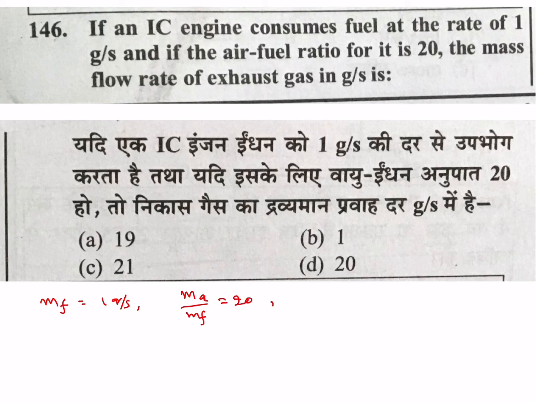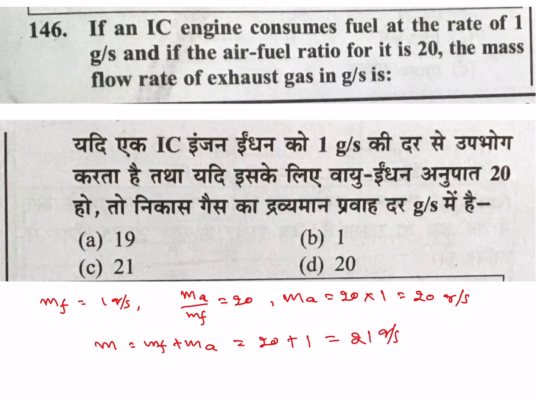So from here MA equal to 20 into mass of fuel 1, 20 gram per second. The mass flow rate of exhaust gas is how much? Total mass is MF plus MA. How much will you get? 20 plus 1, 21 gram per second. C is your correct answer.